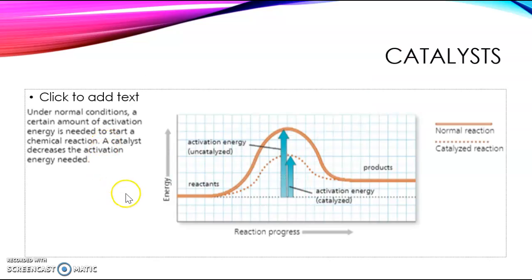The last thing that we're going to talk about are called catalysts, or in our bodies, enzymes. Catalysts lower the amount of activation energy needed to turn the reactants into the products. For example, let's think about a reactant being like wood. We want to turn wood into ash.